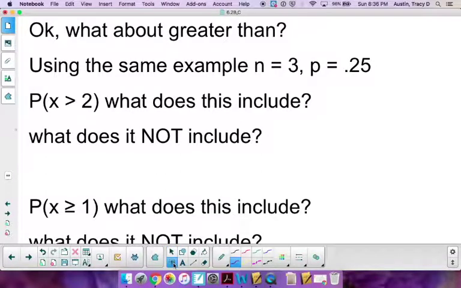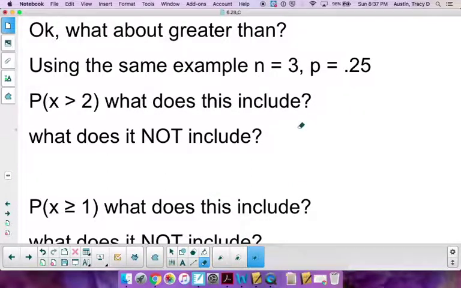What numbers, if we were looking at just our table, would that include? Strictly greater than 2 would include 3, and that's it, right? If we were to pull it off of our table, we would only be looking at the outcome for 3.